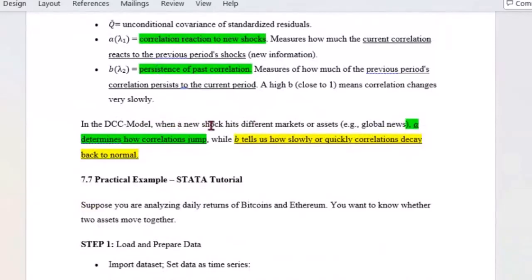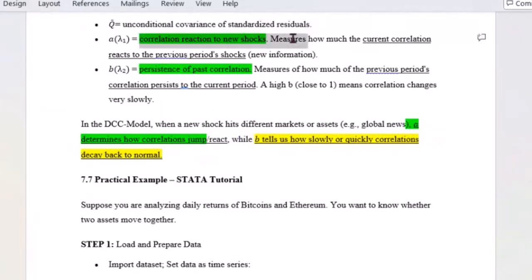So in the DCC model, when a new shock hits different markets or assets, for instance when there is global news, when there is COVID-19, A determines how the correlation jumps, how the correlation changes or reacts.